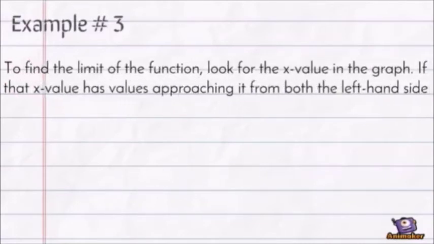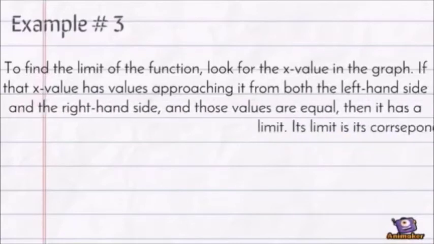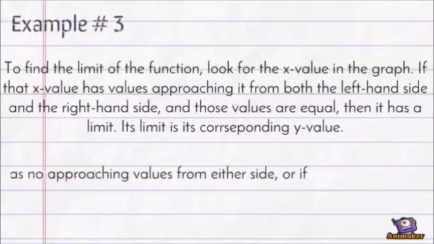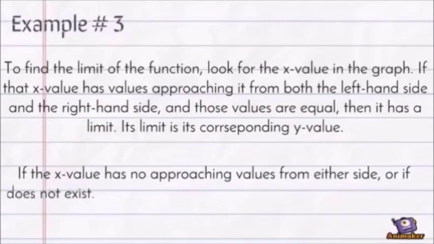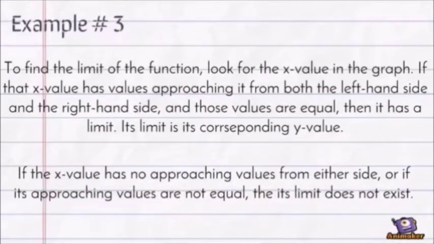If that x value has values approaching it from both the left-hand side and the right-hand side, and those values are equal, then it has a limit. Its limit is its corresponding y value. If the x value has no approaching values from either side, or if its approaching values are not equal, then its limit does not exist.